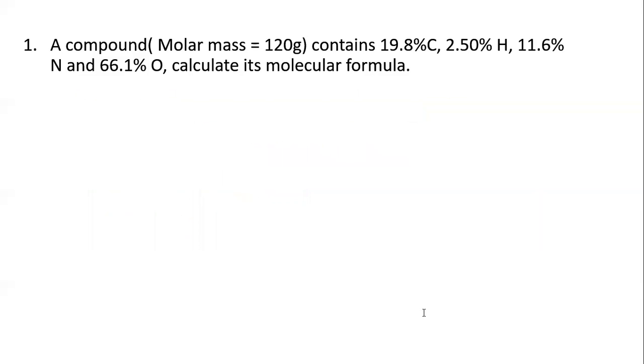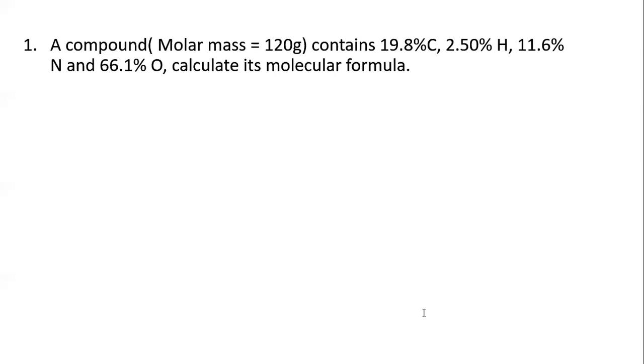And so when we're calculating molecular and empirical formulas, typically there's been an analysis on the compound to determine either the mass of each element in the sample or the percent of each element in the sample. In this case, this compound was analyzed and it tells us the percents of carbon, hydrogen, nitrogen, and oxygen.